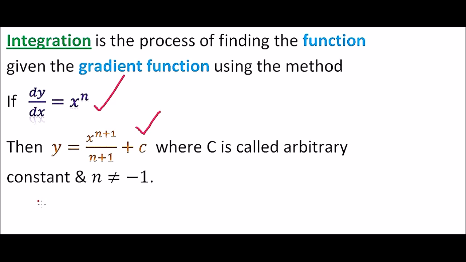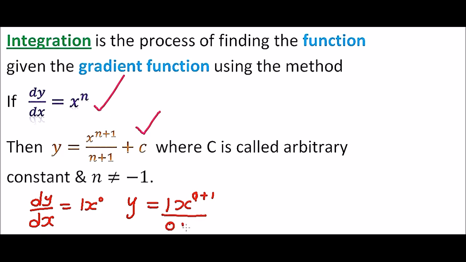For example, in our previous example, if dy over dx is equal to 1, then the function is, we can say y is equal to, this is x to power 0, so we can write 1 times x to power 0 plus 1, and then we divide by 0 plus 1, applying this formula, then we add c.